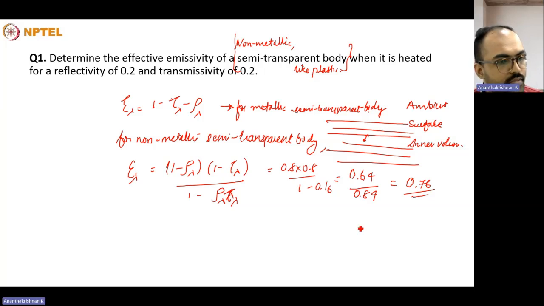If this becomes an opaque body, then the transmittivity will be 0. Then only the reflectivity comes into the picture.